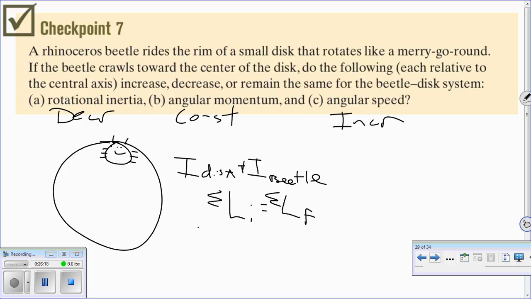So that means that I initial times omega initial equals I final times omega final. That's how most of these problems are going to be set up. You're going to have enough information to know both your angular velocity and your rotational inertia at the beginning. Then the rotational inertia will change and you'll find the final angular velocity. Cool?